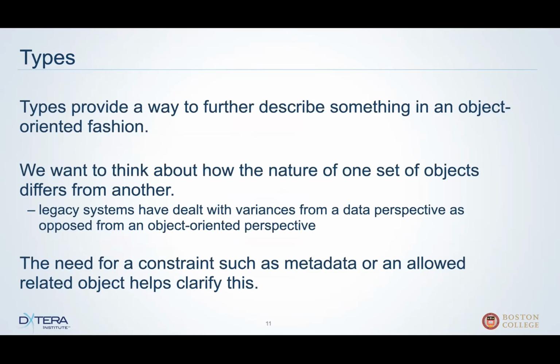So what a type is, and I've been around types now for close to 20 years. It's kind of a slippery little topic, but they really allow us to break down a predefined object, whether it be a course or a program, or it could be a registration, to further describe it in an object-oriented way.